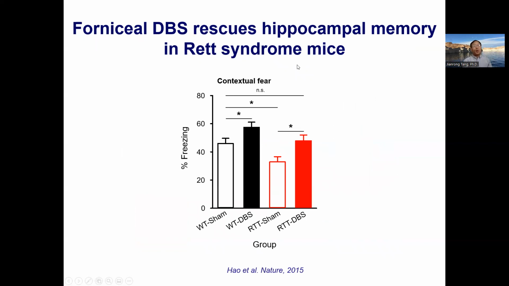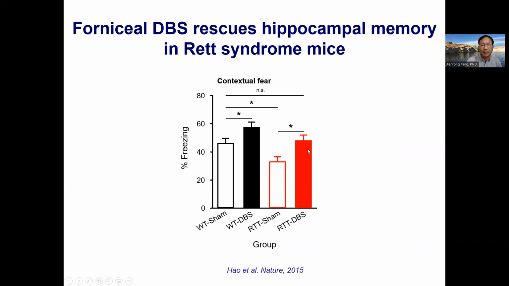So now I have shown you that the CDKL5 loss caused the circuit activity change in the hippocampus. So we considered using deep brain stimulation to modulate the hippocampal network activity. Actually, we have previously shown that 40-hertz DBS could rescue the hippocampal memory in another model of intellectual disability disorders, which is the Ts65Dn syndrome mice.